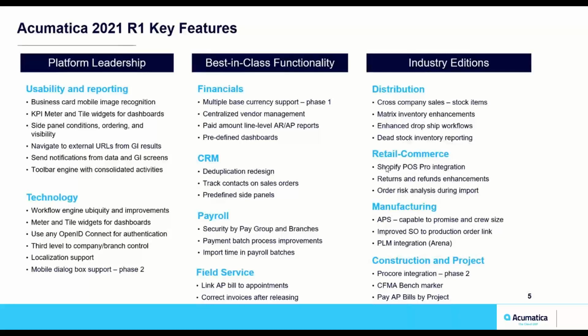They've now rolled out a native integration for Shopify. On the manufacturing side, Acumatica now supports out of the box an integration with Arena PLM. And I'll talk about that a little later. And then finally, Mike Duberstein will mention just briefly at the end some of the Procore integration, or just the deepening of the Procore integration.